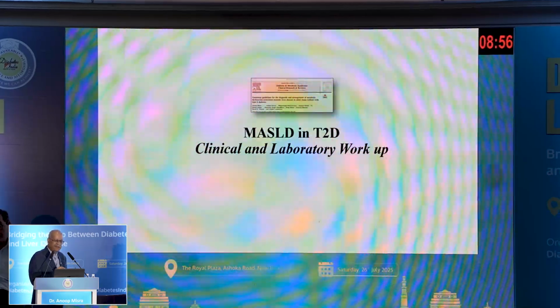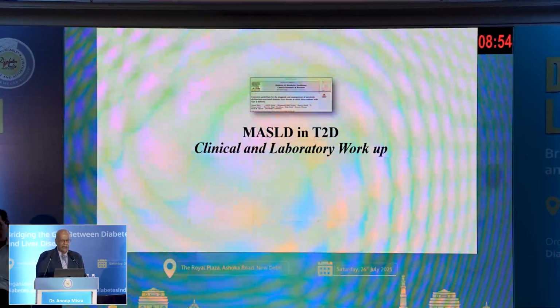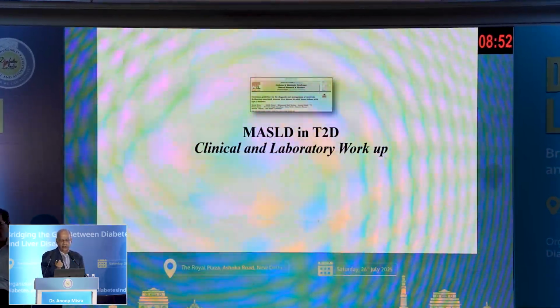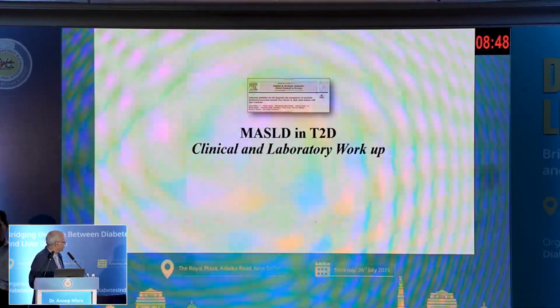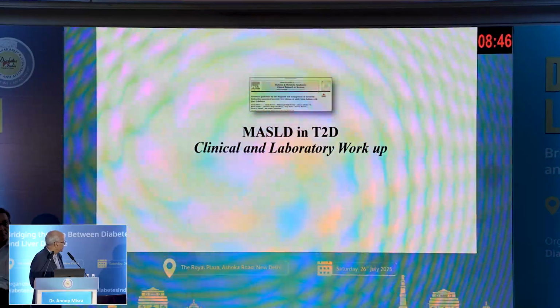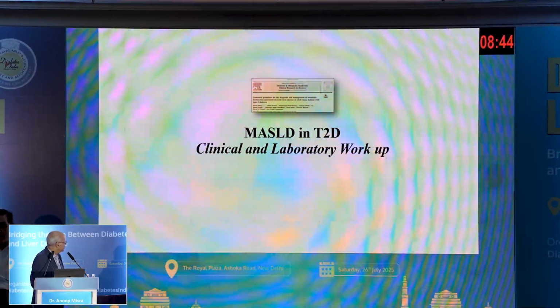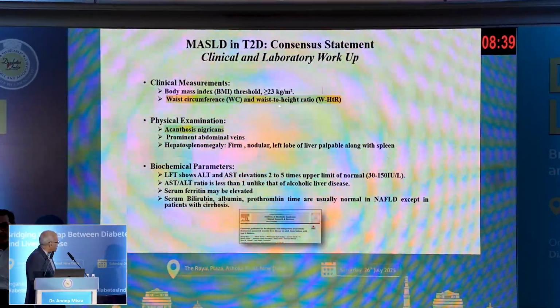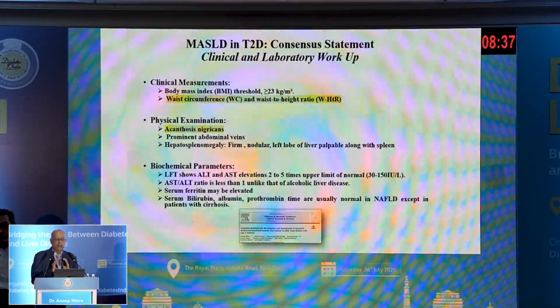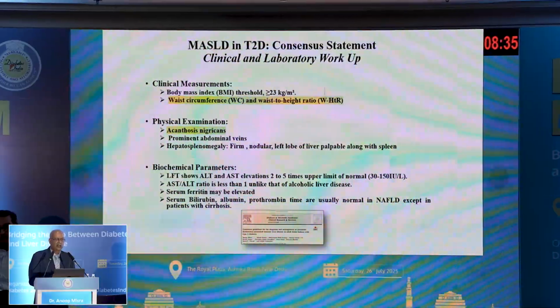Let's look at it briefly, because I'm not going to talk about it in detail, and those of you who want this, Ashish has the paper, we have the paper, Amrita is here, who's a part of these guidelines. She has the paper, and you can approach anybody. The body mass index has to be done in the workup of any diabetic patient.